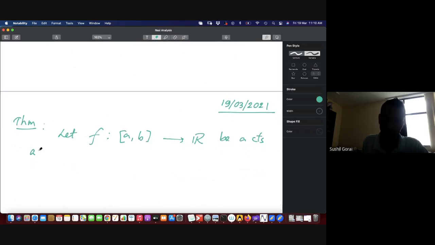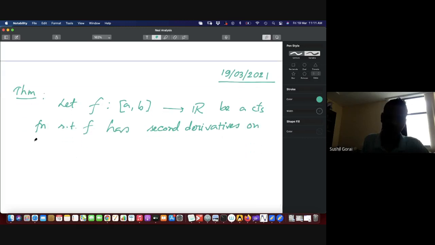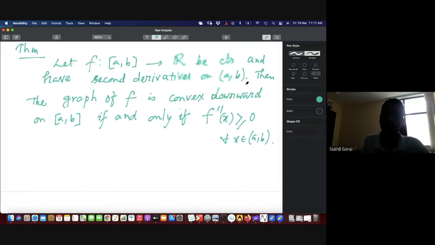Let f be a continuous function such that f has second derivatives on (a, b). Then, we don't want to write graph is convex downward.